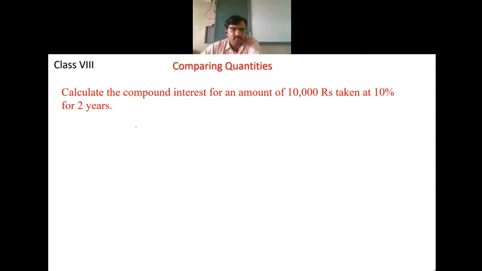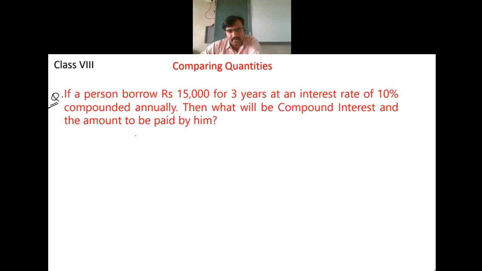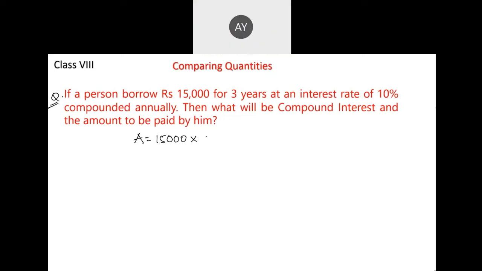Sir, the previous question is wrong. Using the formula, you calculate. It will come 19,965. Sir, it is the amount. You calculate again: 15,000 into 11 into 11 into 11 upon 1,000, which is 11 by 10 to the power 3.